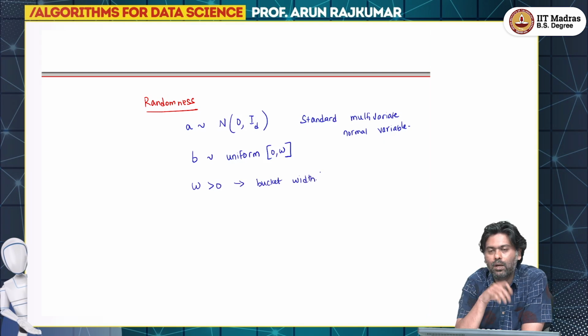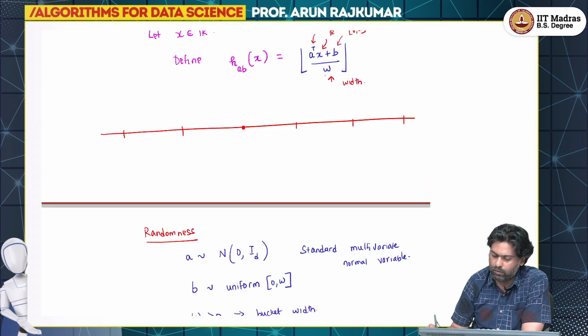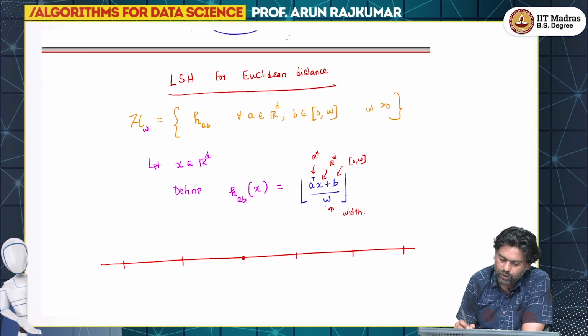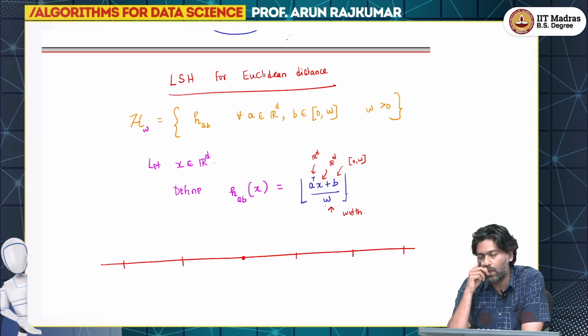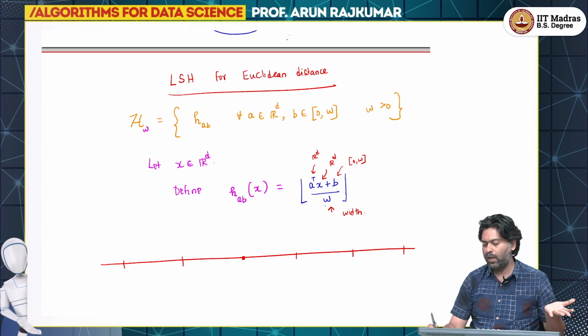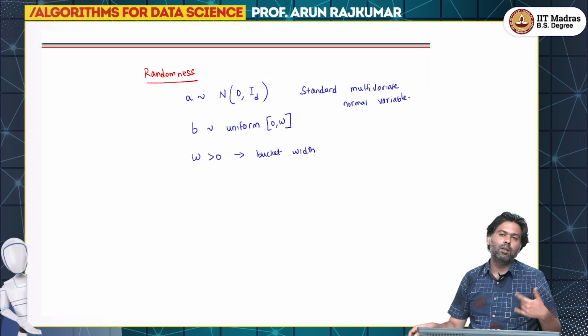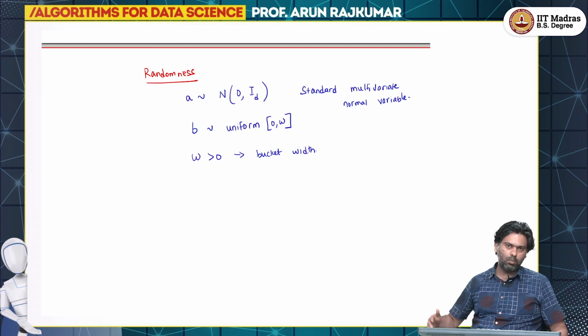So once I fix w, the family is fixed, because I am defining the family using w, and every function in the family uses w. What is unique to every function in the family is the a and b, which parameterize that specific function. Now if I have to pick a function at random from this family, first I generate a random a in d dimensions as a multivariate standard normal vector.